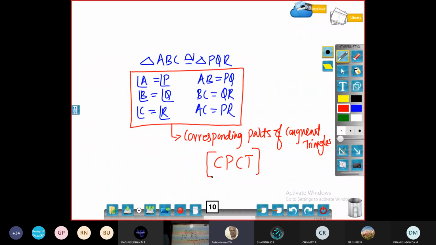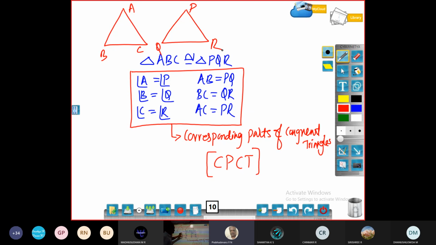Now, to show that two triangles are congruent, they should coincide with each other. Suppose I take this is ABC, another one is PQR. If I keep one triangle over the other, both will coincide. Take triangle PQR and keep it on ABC, they will coincide.